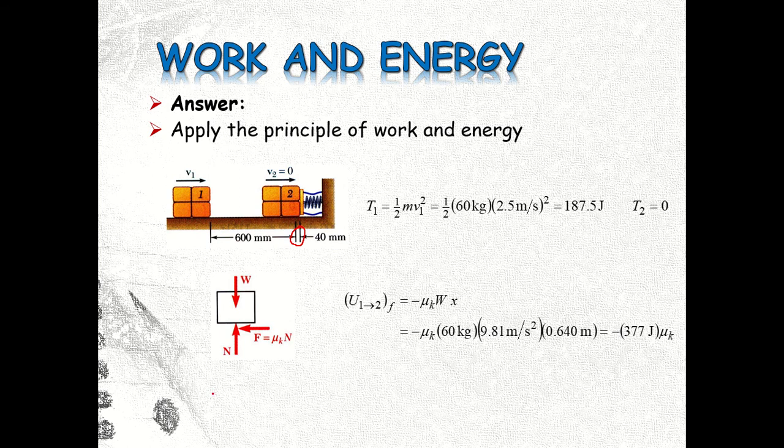Okay, so using this illustration here, solving for the work of the package due to the package moving towards the right, we have U sub 1 to 2. So this represents the work, equivalent to mu sub k times W times x.